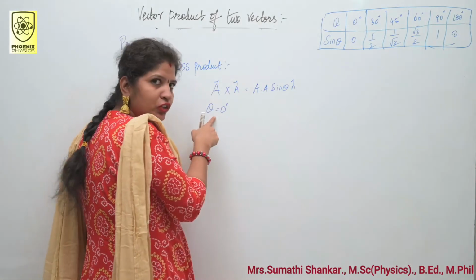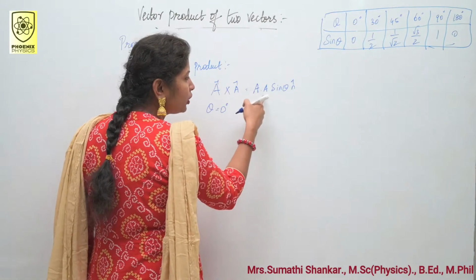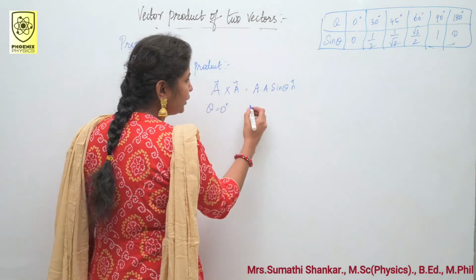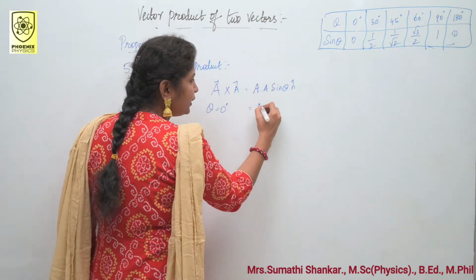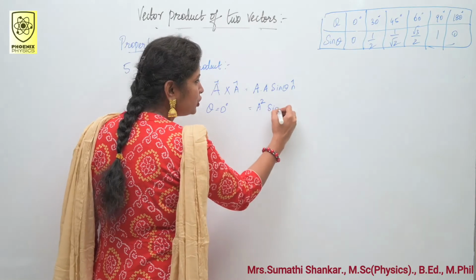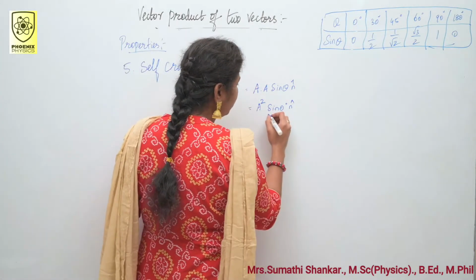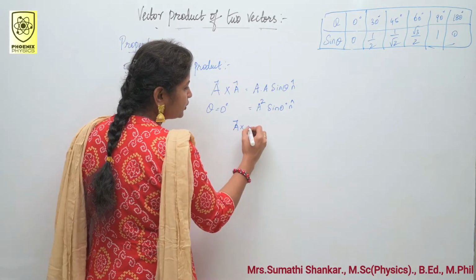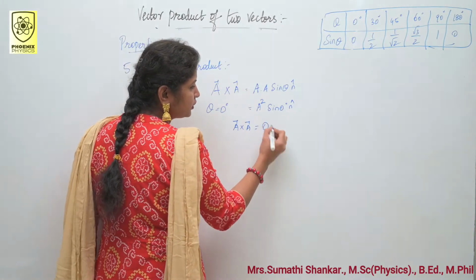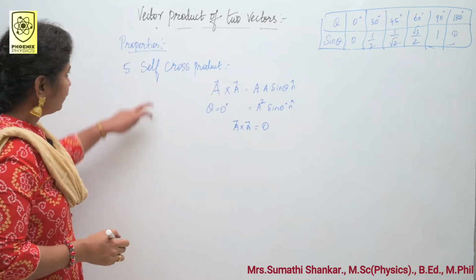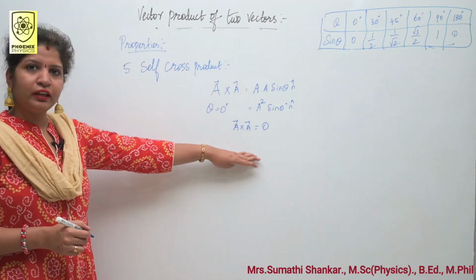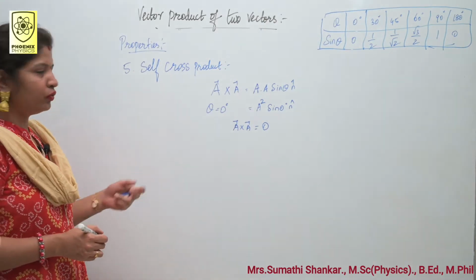So angle is 0 degree. How do you write A dot A sine theta n cap? We can write A square sine 0 degree n cap. What is sine 0 degree? 0. So A cross A is equal to null vector. If it is self cross product means we can get null vector or 0 vector.